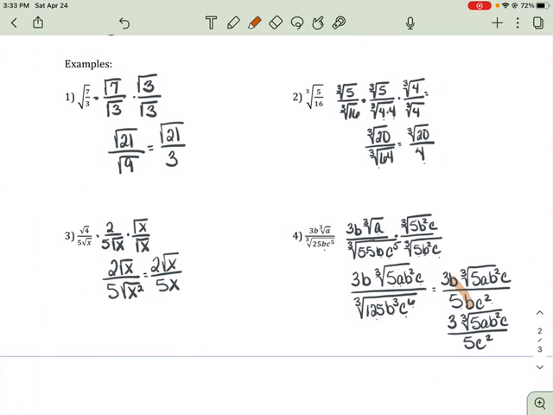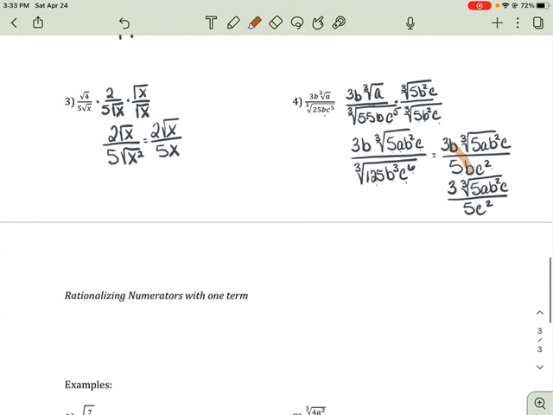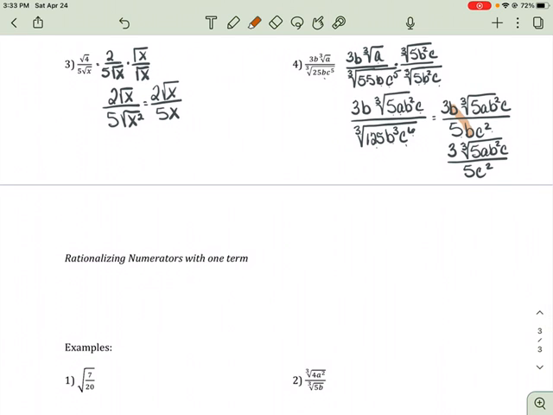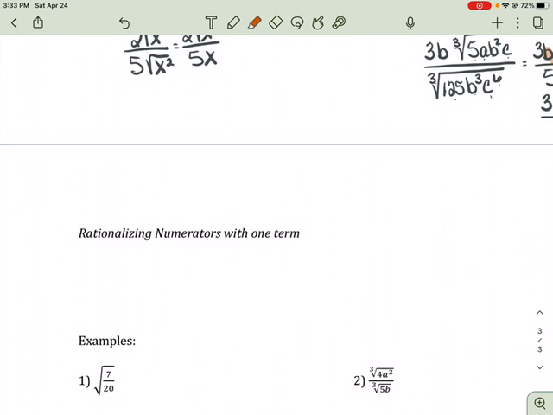All right. Okay, so remember, you're trying to multiply numerator and denominator by what's going to make the denominator a perfect cube, square, fourth, whatever. Now that's going to hold true when we rationalize numerators. Now very rarely do we rationalize numerators, but it might be something that we're going to need in the future as far as a technique. So again, we're going to multiply numerator and denominator by what's going to make it a perfect cube, square, whatever.